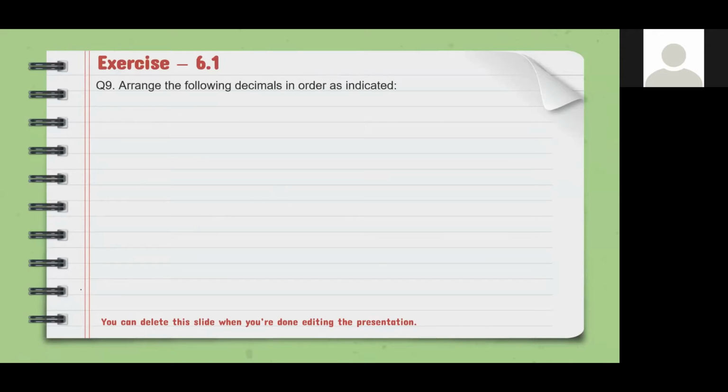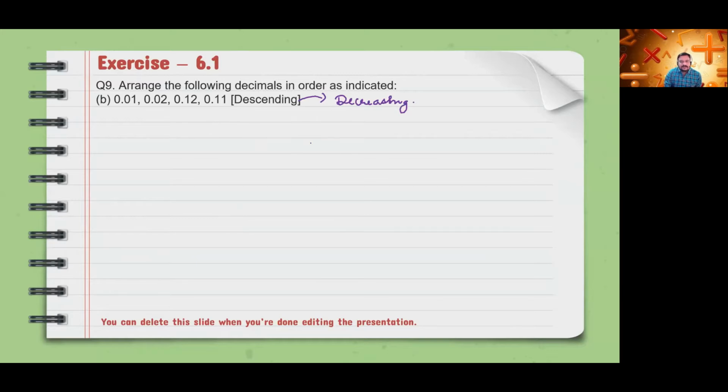0.01, 0.02, 0.12, 0.11. Sir, we have to solve it in descending order. First, these are all like decimals, so we will do it directly. Descending means decreasing order. Which will come first? 0.12.